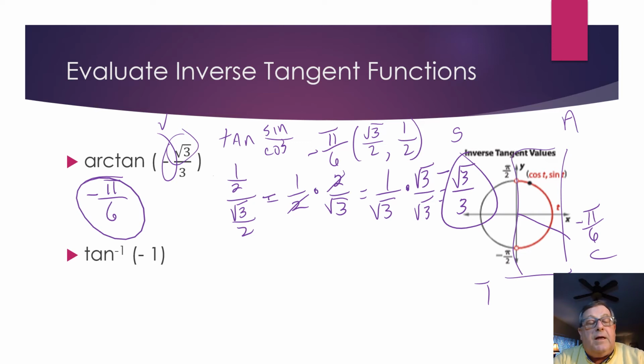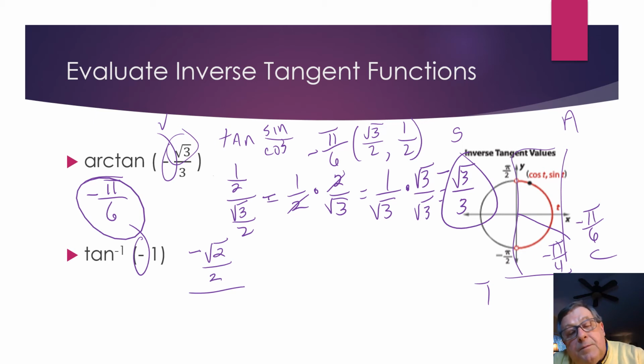All right, what is the inverse tangent of negative 1? Well, the negative tells me I'm going to be in that fourth quarter. And if I'm thinking about my trig function values, my sine and cosine, well, at negative pi over 4, the sine is negative square root of 2 over 2, and my cosine is going to be positive square root of 2 over 2.